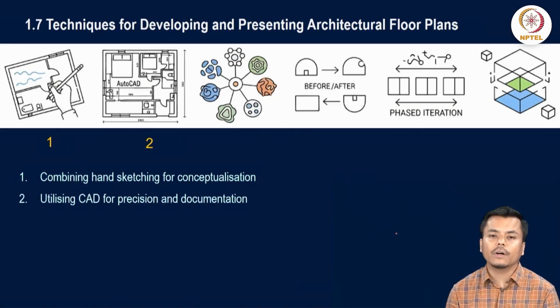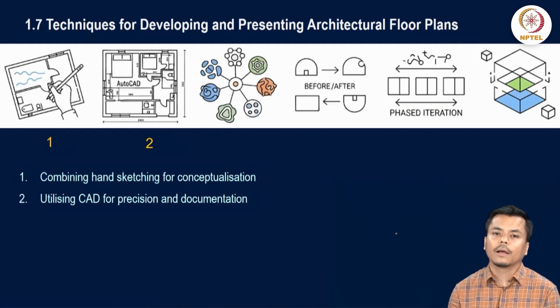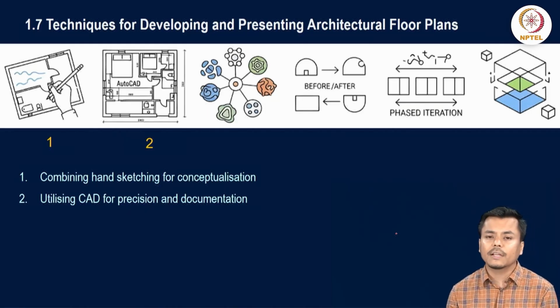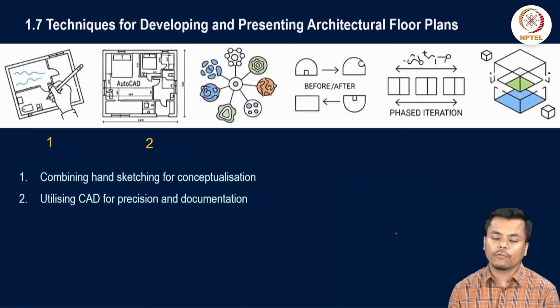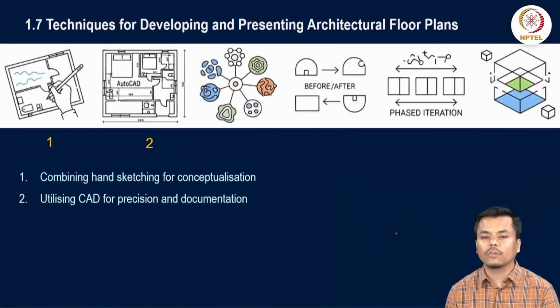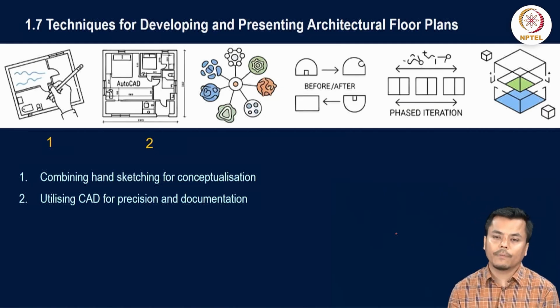Then you convert the same sketches into AutoCAD drawings, into a technical drawing, so that you can improve the spaces, the circulation spaces or the connection between the spaces through proper drawings in some software. Alternatively, it can be done through handwork. These days we have various software to explore, but in earlier days hand drawings were generally preferred.